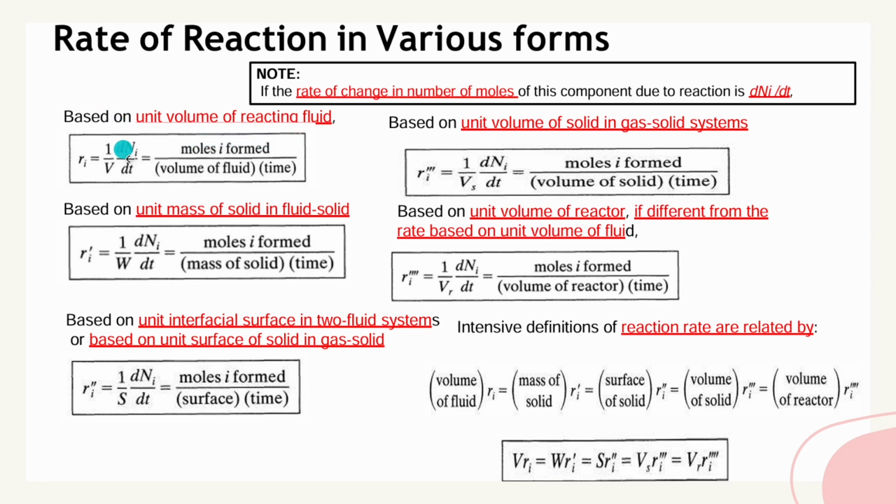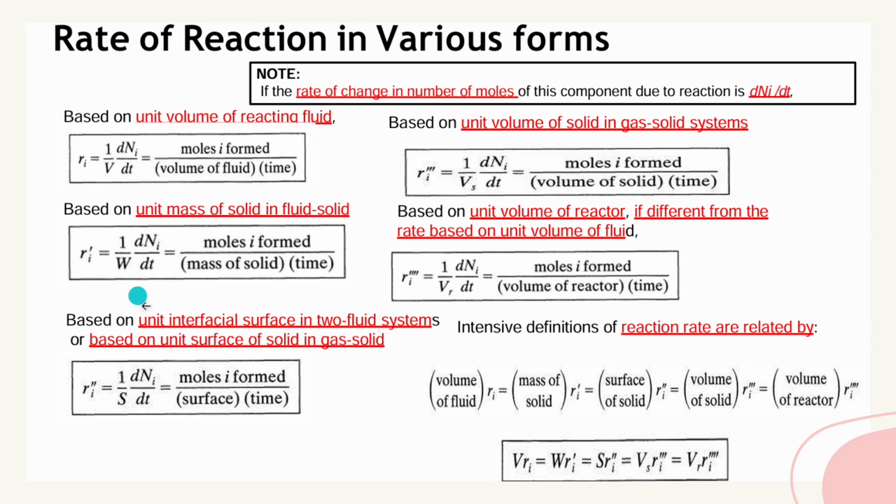If it's based on unit volume of reacting fluid, it will be the number of moles formed divided by the product of volume and time. If it's based on unit mass of solid, in fluid-solid systems, ri' will be equal to the number of moles divided by mass of solid and time.